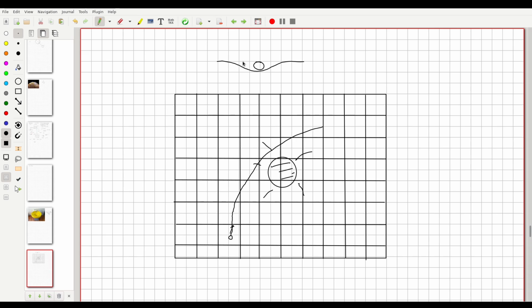Now, imagine instead of this being a bowling ball with a tennis ball, imagine this being a star. And this surface right here that it's sitting on is actually the space-time that it's sitting in.